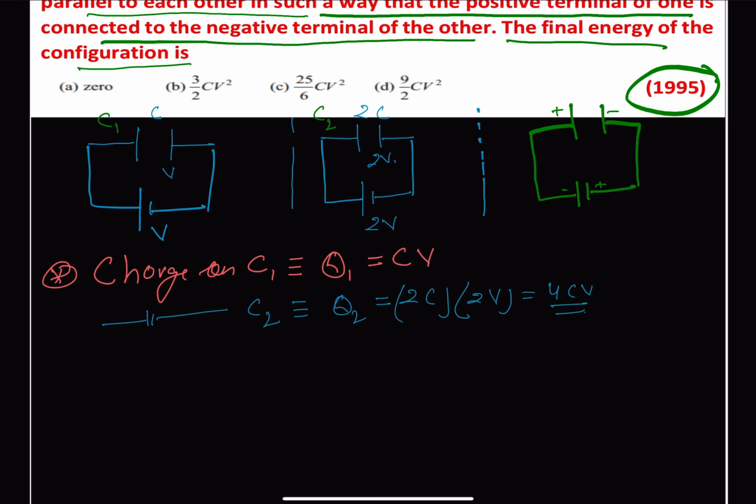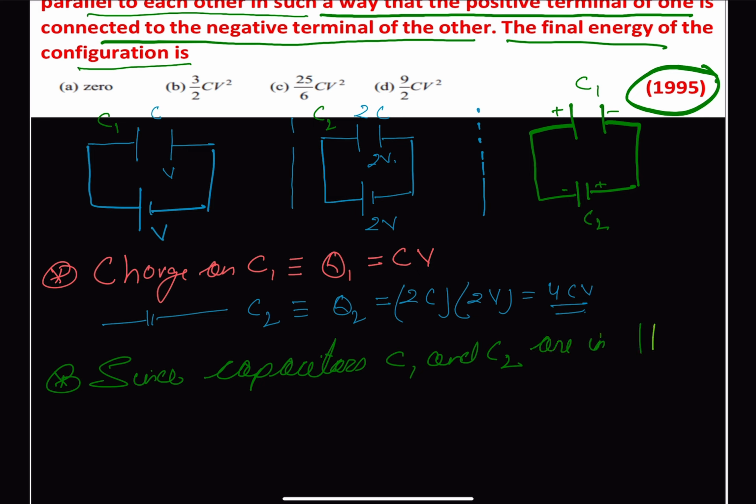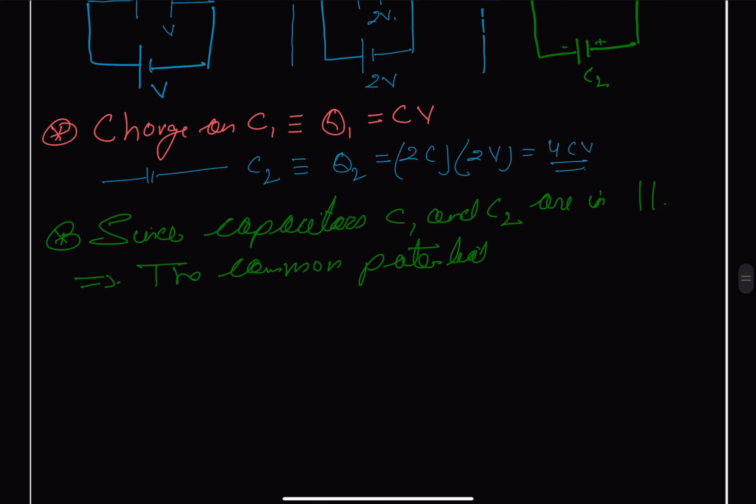Since capacitors C1 and C2 are in parallel, the common potential, let us call it V prime, will be equal to Q2 minus Q1 divided by C1 plus C2.